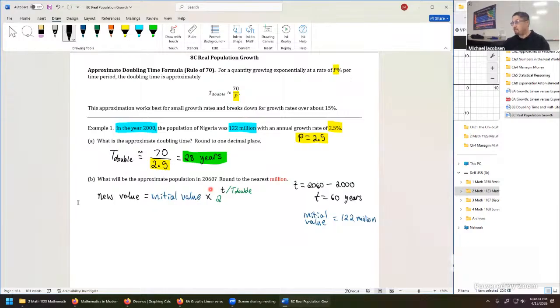So we can now say, in place of new value, we can leave it described as new value, but I'll call it population of Nigeria, is going to be equal to, now take the initial value, the initial population size in the year 2000, our base year, 122 million.